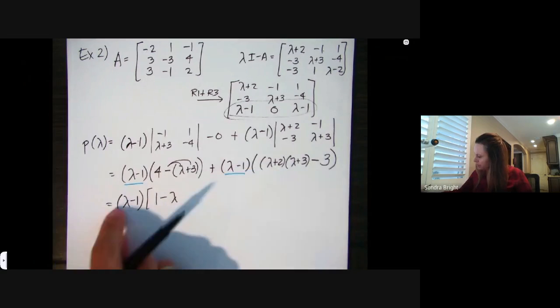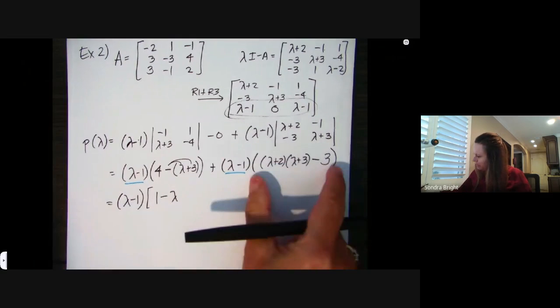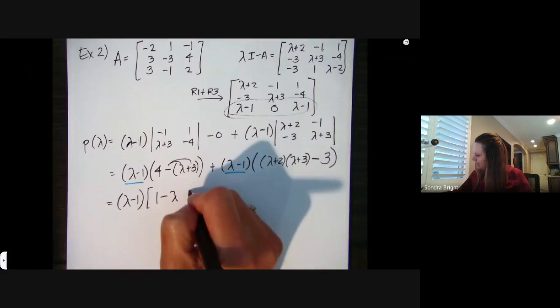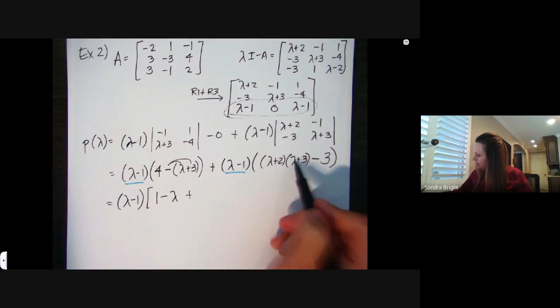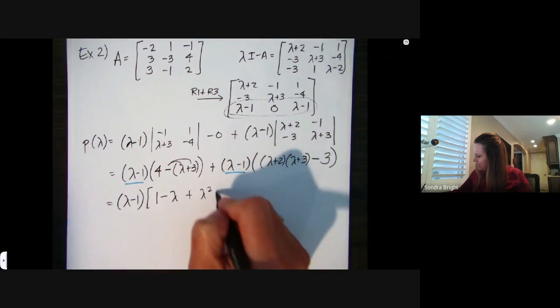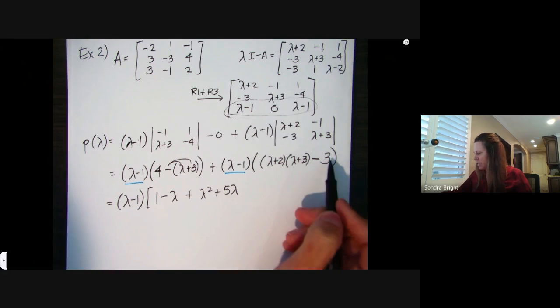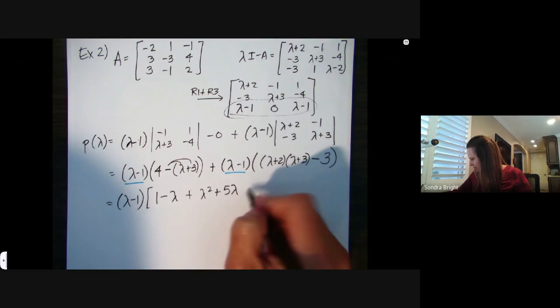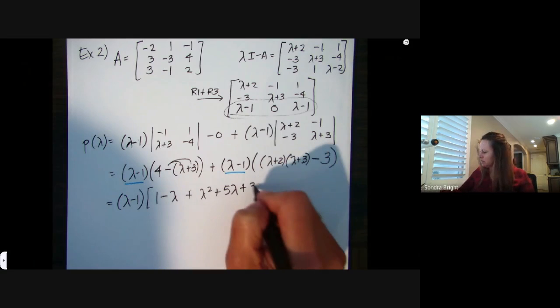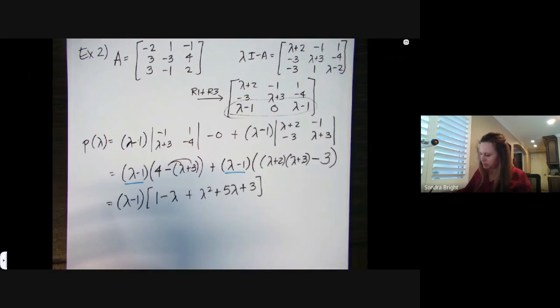So I'd be left with a plus lambda squared plus 3 lambda plus 2 lambda, so a plus 5 lambda, and then a plus 6, but then a minus 3, so a plus 3. Now, by all means, if you want to make more work, go ahead, but I'm trying to be lazy.